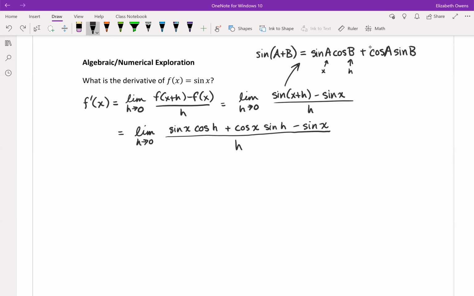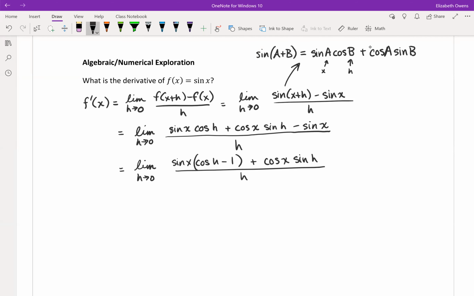And so we're going to group those guys together. Limit as h approaches 0 of sine x times cosine h minus 1 plus cosine x sine of h all over h.